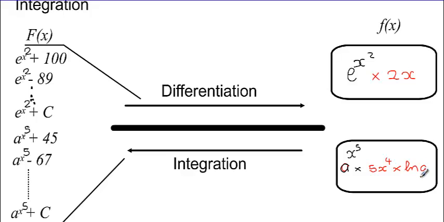What I've written in red there are new things, because the exponential function in differentiation bounced back exactly as it is. Then we highlight that it's accompanied by the derivative of the argument multiplied by the ln of the base.